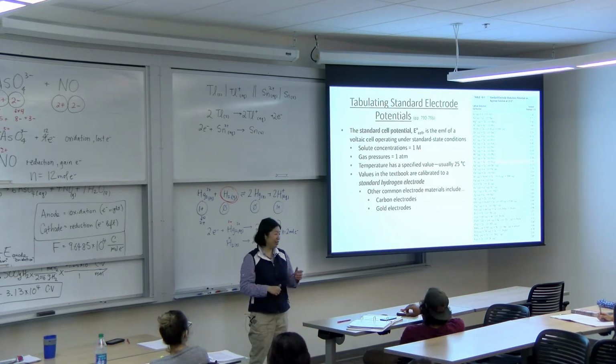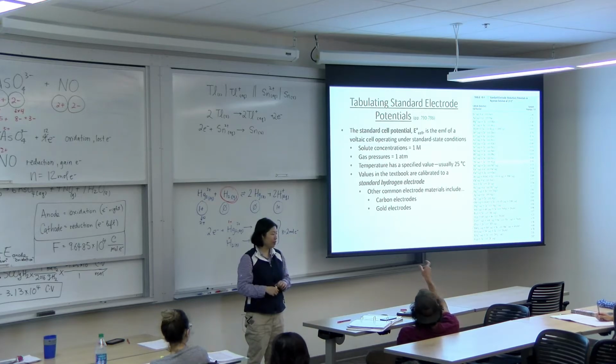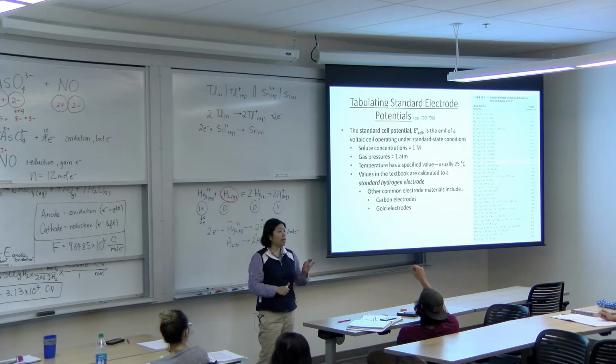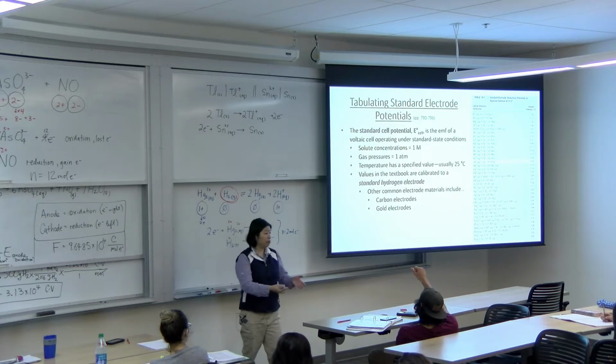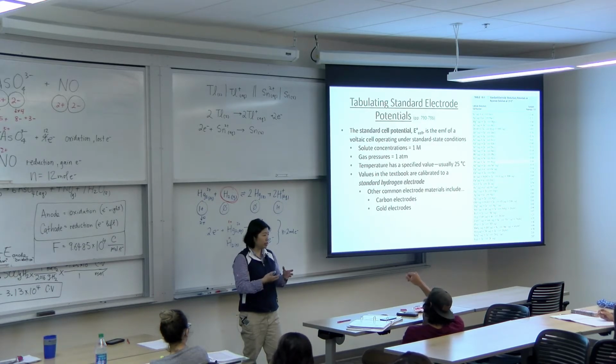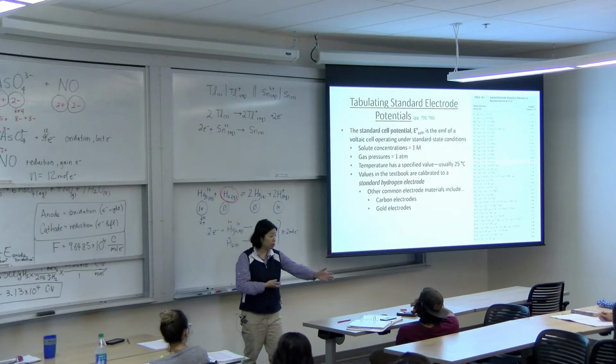Yes, do you have a question? Is this electronegativity? No, electronegativity has to do with if you have a bond and I can pull the electrons more. This is sort of similar to that, but in electronegativity we're looking at a covalent bond.